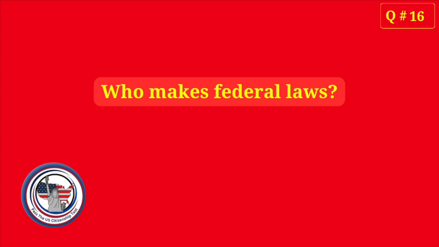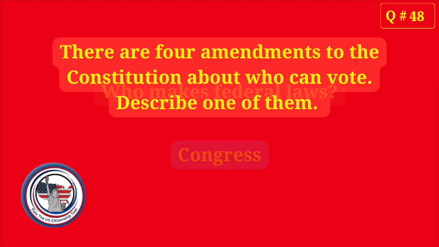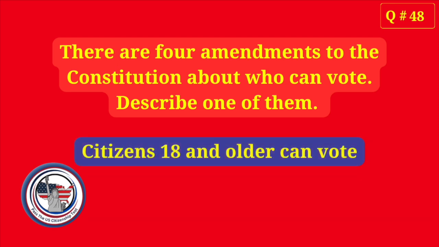Who makes federal laws? Congress. There are 4 amendments to the Constitution about who can vote. Describe one of them. Citizens 18 and older can vote.